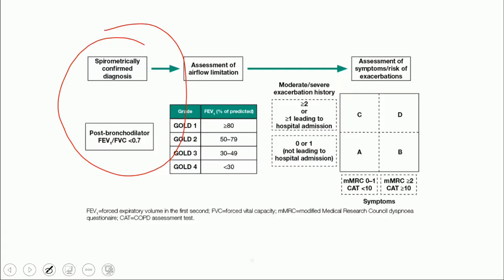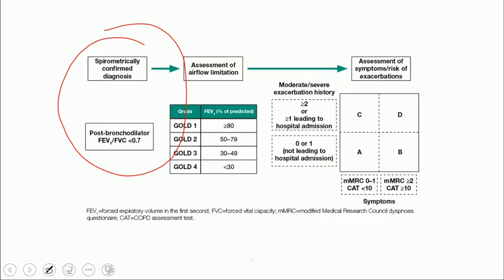Remember we talked about the reversibility criteria? A 12% rise in FEV1 or 200 ml rise in FEV1, as with asthma. COPD obviously doesn't meet that criteria, and the FEV1/FVC ratio is less than 0.7.